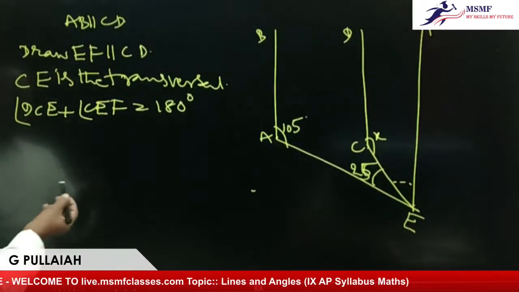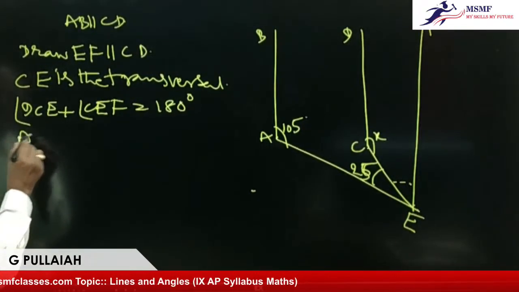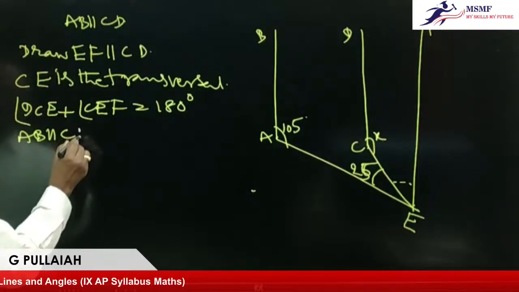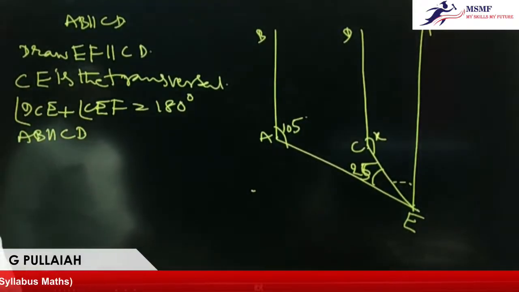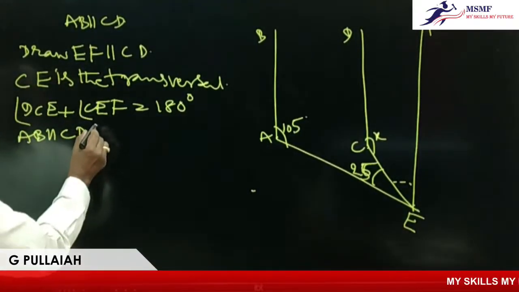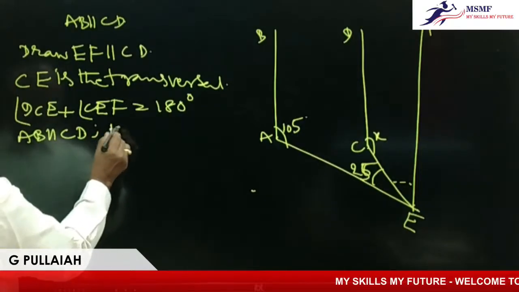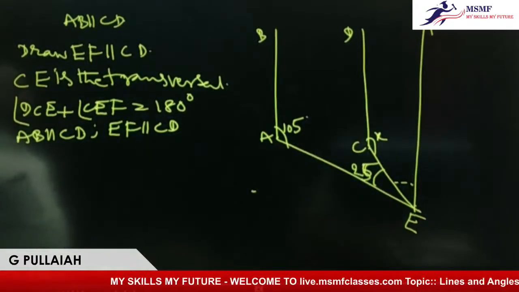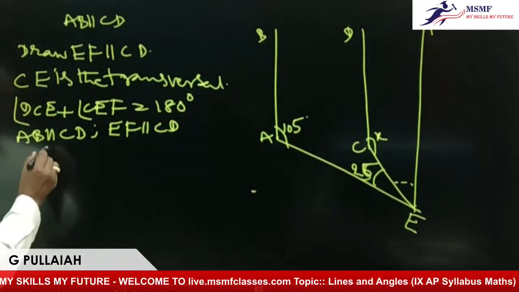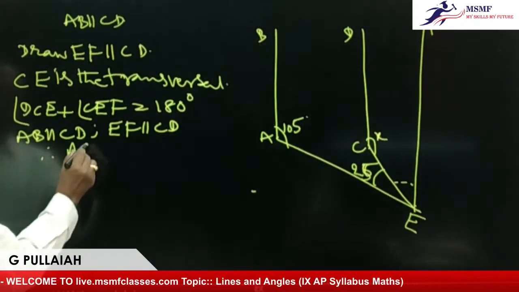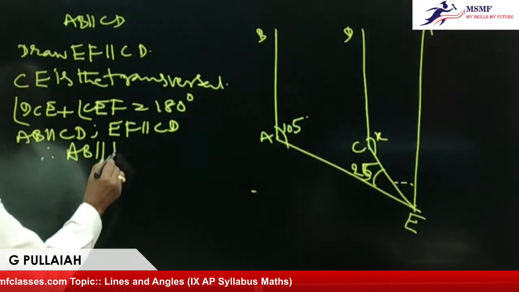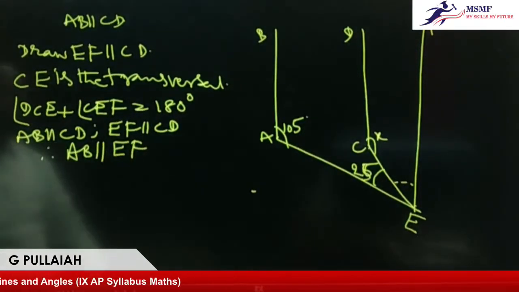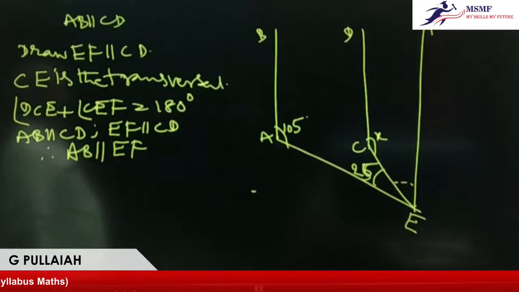Now here, it is given that AB is parallel to CD, and you have drawn EF parallel to CD. Therefore, you can say AB is also parallel to EF. AB is also parallel to EF.